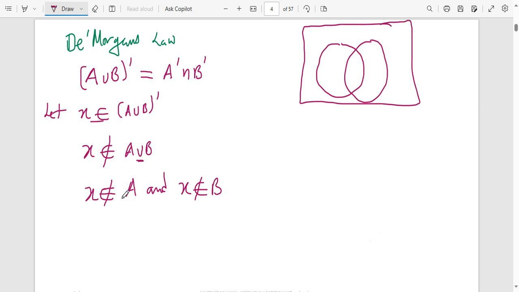So X is not a member of A means it's outside A. In other words, we're just finding A complement.